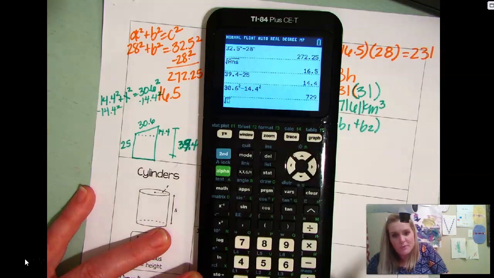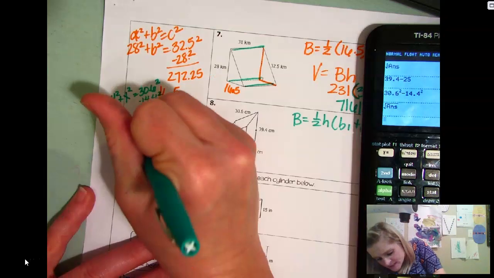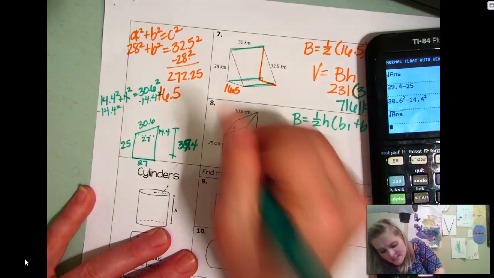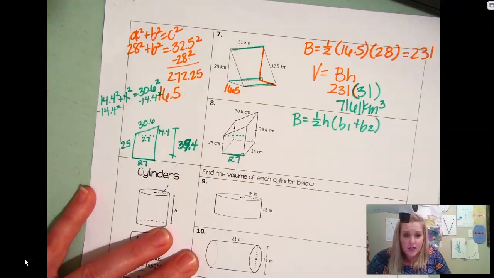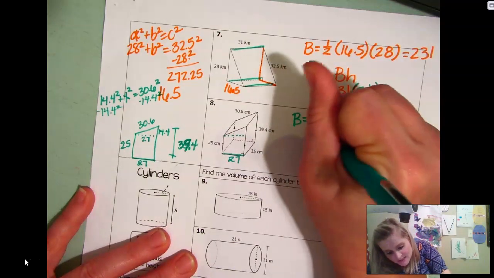So you're just doing the Pythagorean theorem. I'm just doing that quickly. So that tells me that this is going to be 27. So the height is going to be 27. We found that using our Pythagorean theorem. Okay, so that's going to be the height of the base, 27.